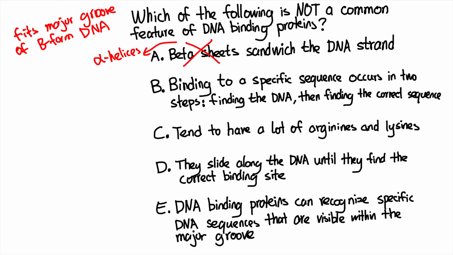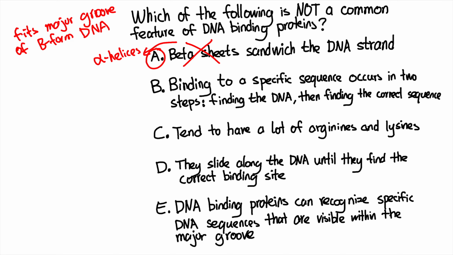And that's because it fits it very well. Common motifs like helix-turn-helix, zinc finger, and leucine zipper all rely on alpha helices to read DNA sequence. So option number A is correct, but we also want to know why B, C, D, and E are not correct. In other words, why are they common features of DNA binding proteins?